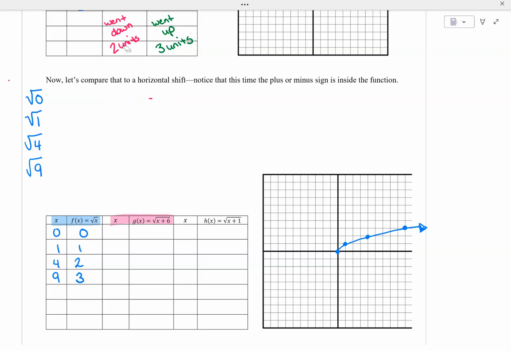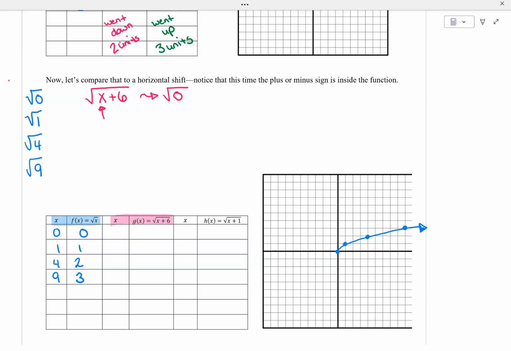But I want you to try to think of this, okay? We have the square root of x plus 6. The first square root that we need is the square root of 0.